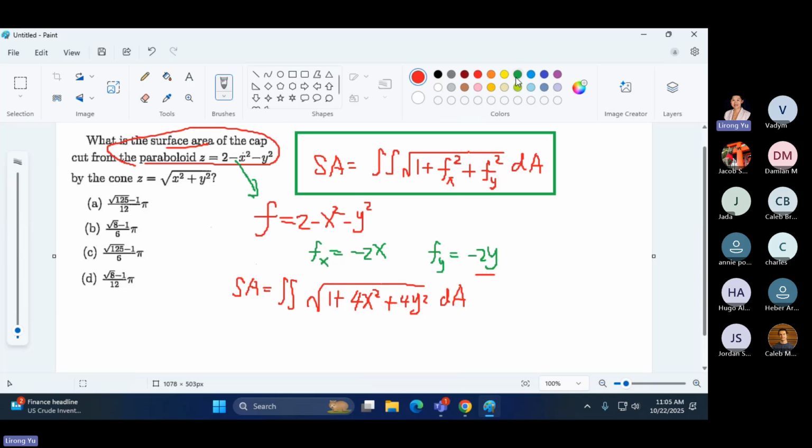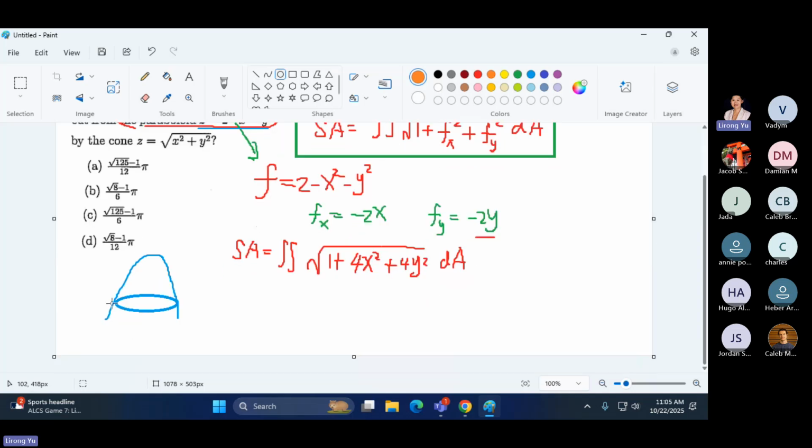Obviously, the top surface will be the one represented by the paraboloid. See, it's opening down. So this is a paraboloid, and that's the paraboloid at the top, and this one is a cone. So it opens this way.